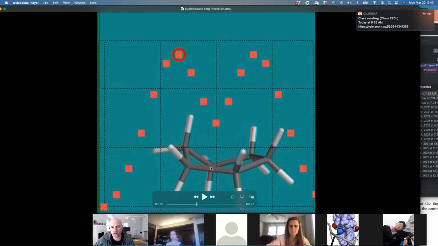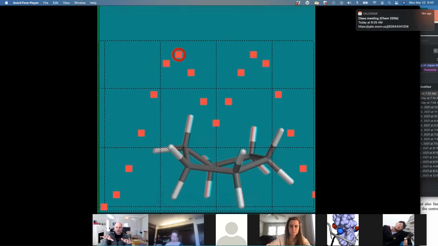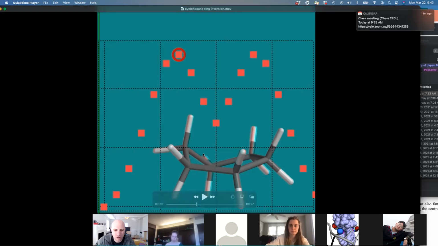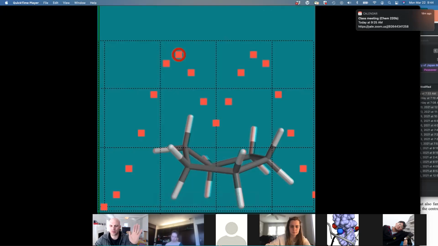This may show it a little bit better. If you imagine that this carbon in the front left, the next one over, the next one, and the one hidden in the back there are just about coplanar. Okay, it's not perfect, but we can just think about it as being in a plane. And then this carbon is sticking up. Okay, it's still out of plane. All right, and so that's why we call it a half chair.